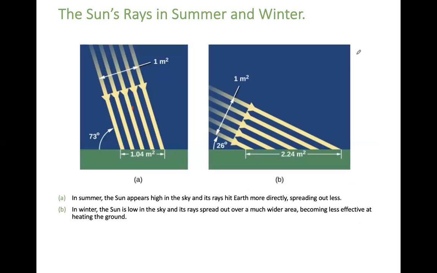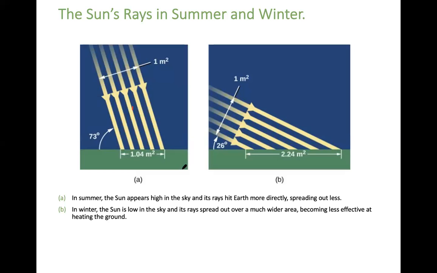And then this diagram right here shows why it gets hotter in summer and colder in winter. In the first diagram right here, that's how the sun appears, very high in the sky when it comes to the summer, and you get this direct sunlight, right?